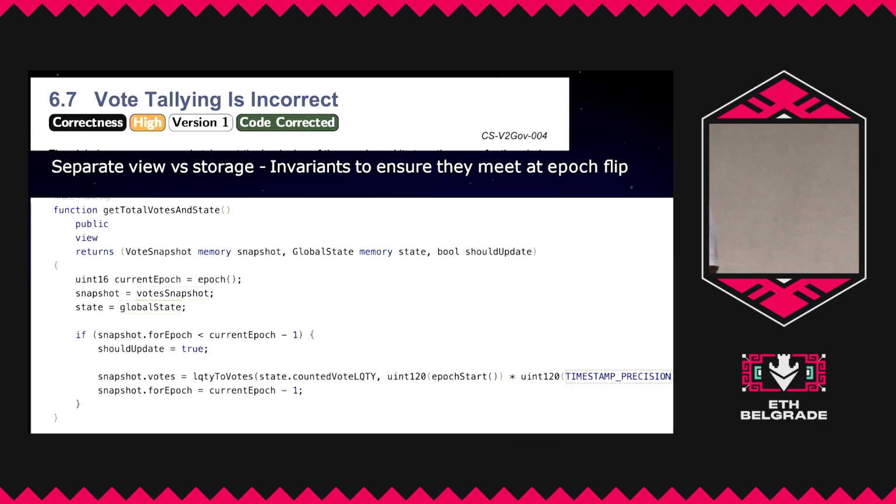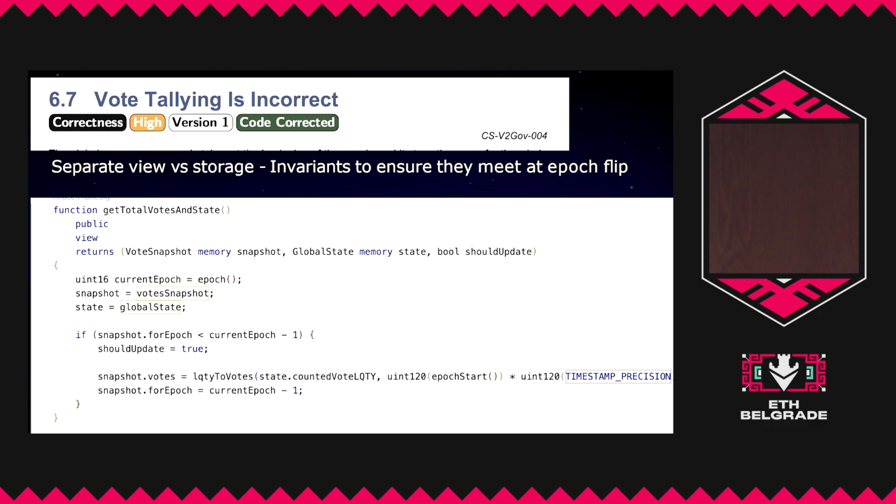And then when it comes to the finite state machine, something that I'm pretty proud of is that I made it, or I tried my best to make it, a set of fully view functions that, given some state, will return the current state in the form of a global state, and then the snapshot, meaning the state that was actually snapshotted at a specific time, and it will then tell you whether it needs to be updated.